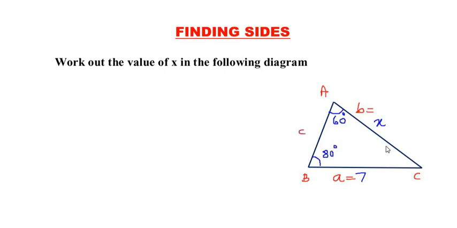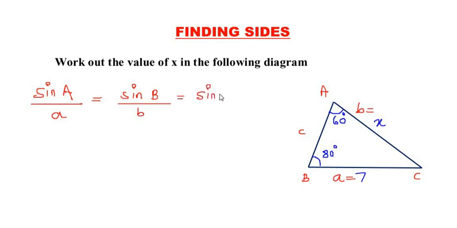So let me write down the sine rule, which is given as sine A over A equals sine B over B equals sine C over side C. Now let us start substituting the values.